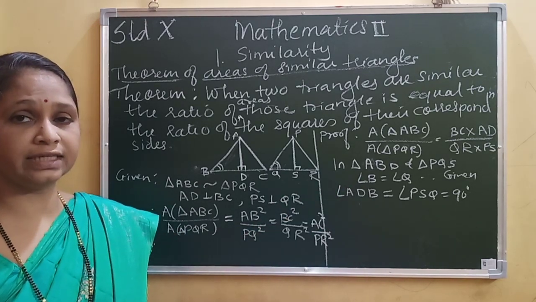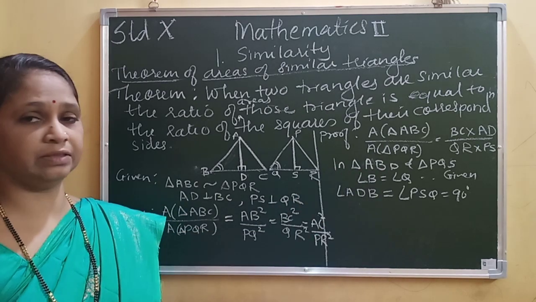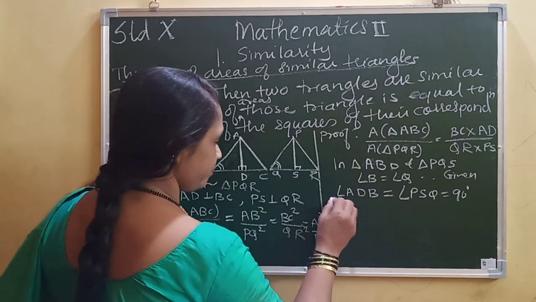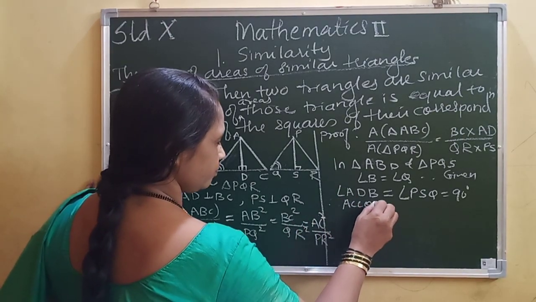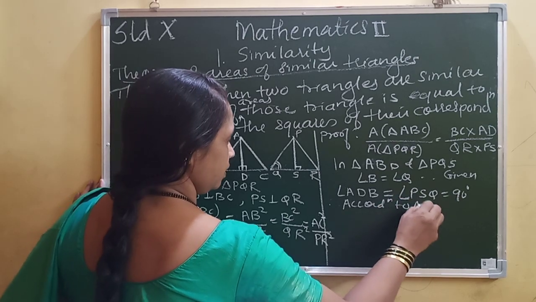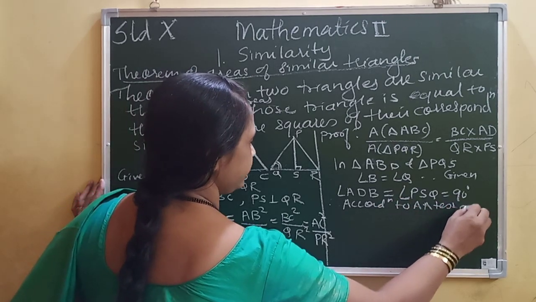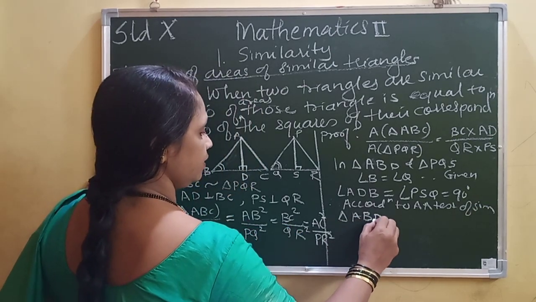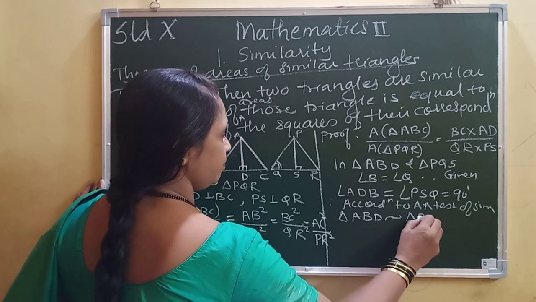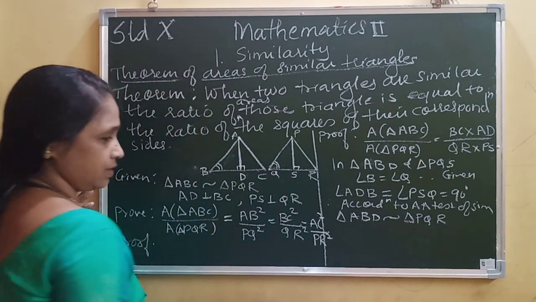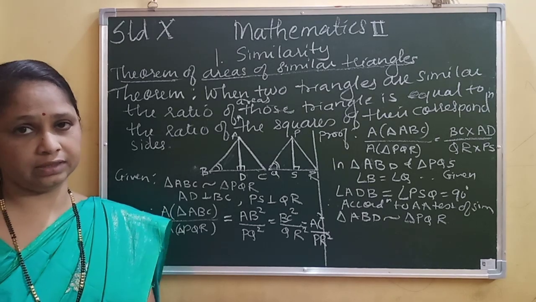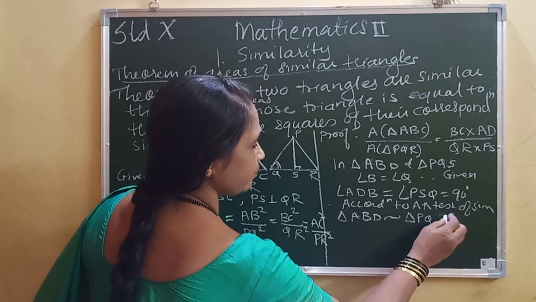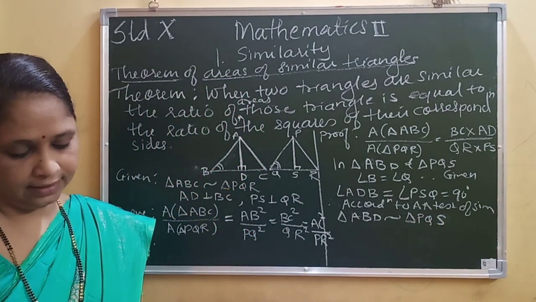So from this we can say that triangle ABD is similar to triangle PQS, according to the test of similarity. These two triangles are similar.